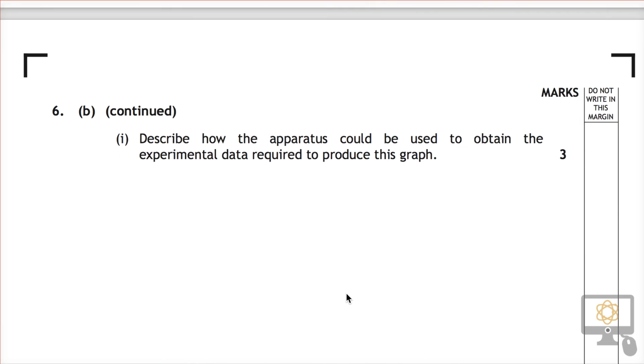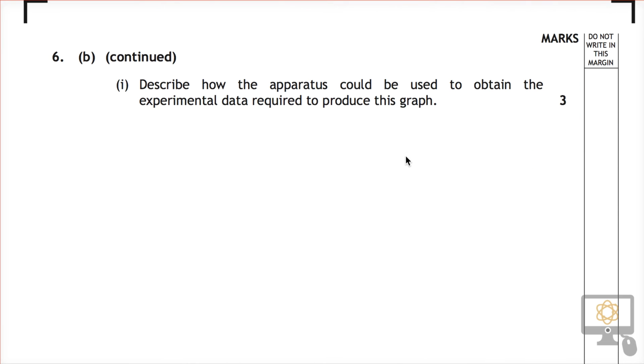So the question is, describe how the apparatus could be used to obtain the experimental data required to produce this graph. Well, the first thing is that the count has to be measured, and that has to be measured for a certain amount of time.